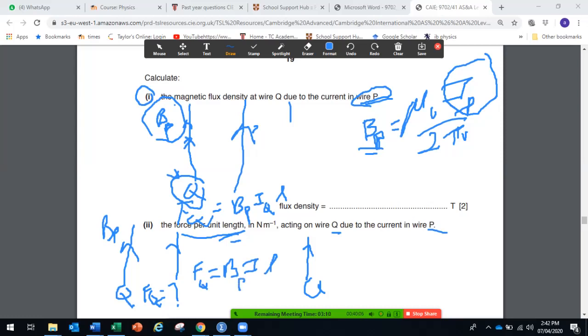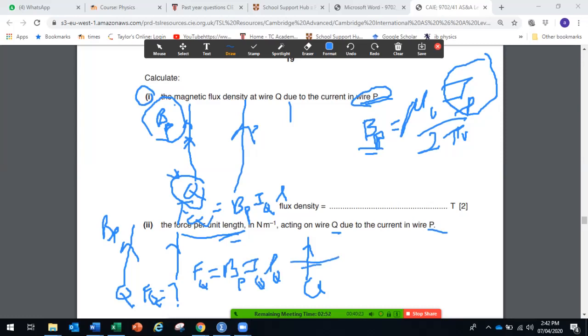B of P. Then I of P or I of Q? I of Q, and L of Q. But we don't need L because they want the force per unit length, so you put the L on the other side.